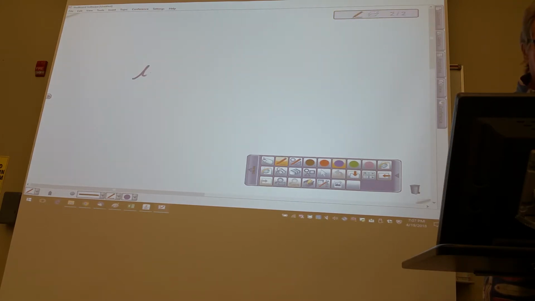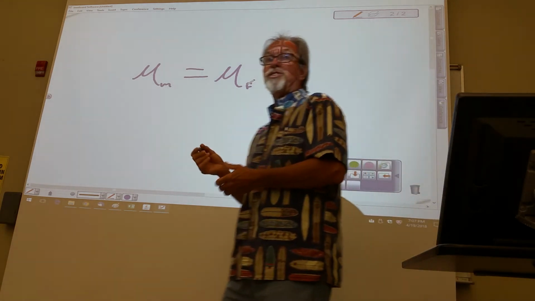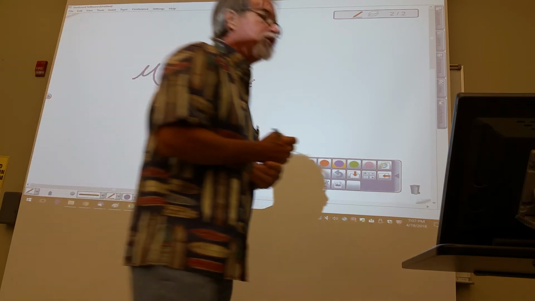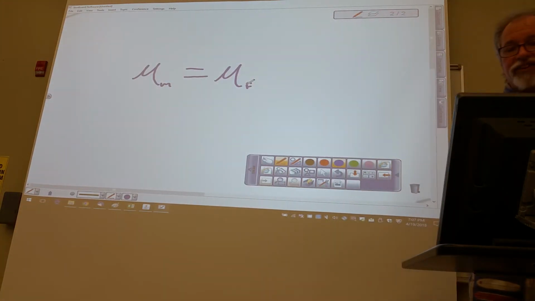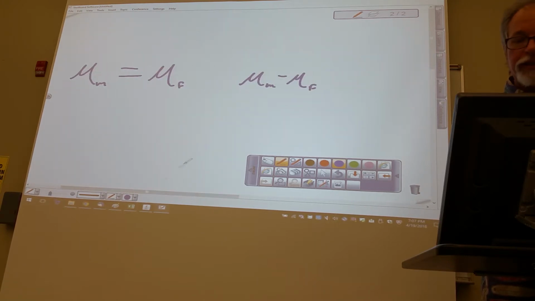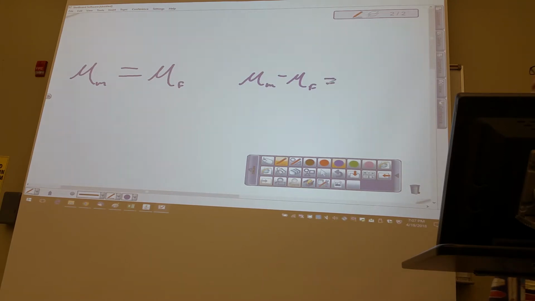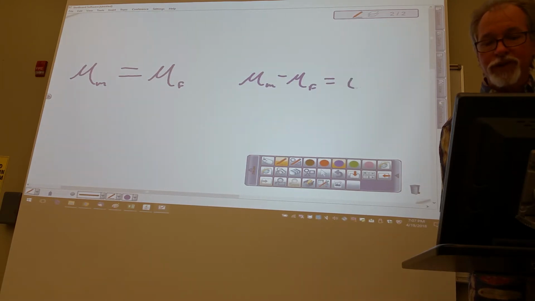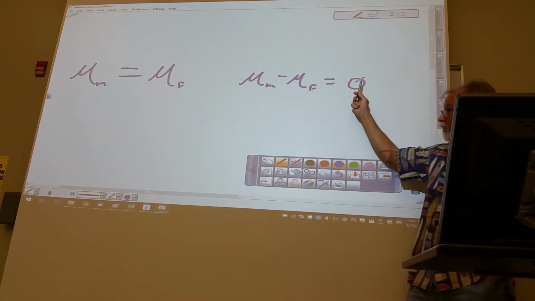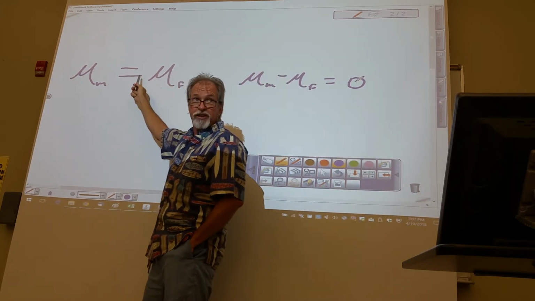If the mean of the males is equal to the mean of the females, that just means they're both the same. Sometimes you will see some people write this as the mean of the males minus the mean of the females is equal to zero. So sometimes you'll see the hypothesis written this way. These both say the same thing.